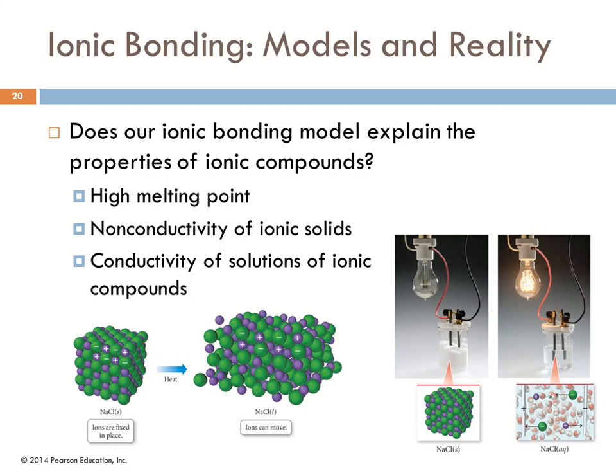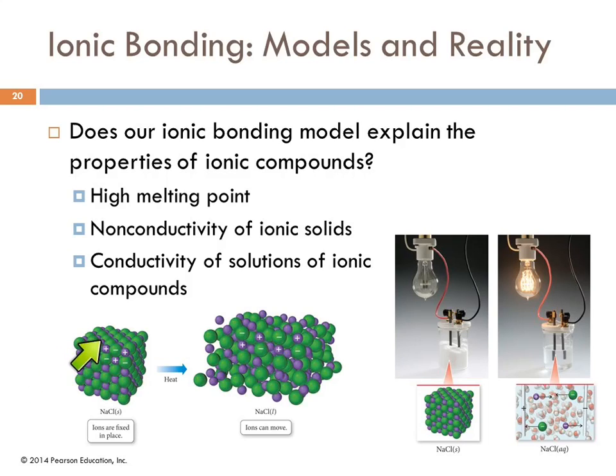So comparing our bonding models in reality. Always a good test. Does this bonding model explain properties of ionic compounds? Well, here's some properties. Ionic compounds have high melting points. Does this explain why?